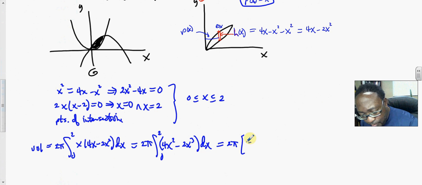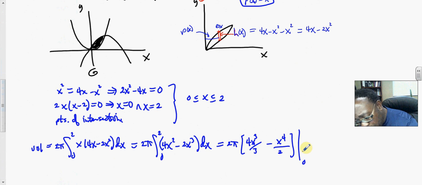So we get 4x to the third over 3 minus 2x to the fourth divided by 4, so that's just x to the fourth over 2. We evaluate that from 0 to 2.